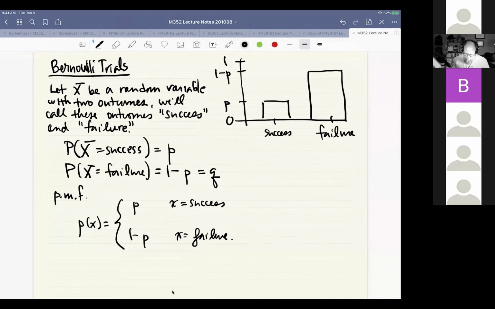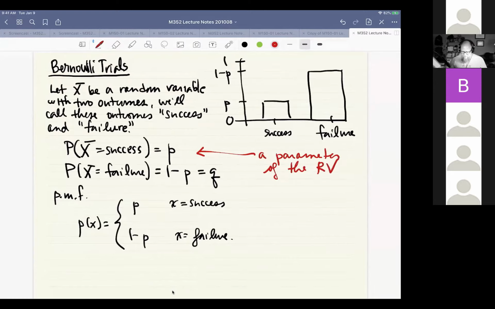Generally, if I'm thinking like a student, I'm thinking, well, when are these going to come up? How am I going to know if I have a Bernoulli trial? Well, an event or some random experiment is a Bernoulli trial if it only has two outcomes. Okay, and once you recognize something as maybe being a Bernoulli trial, the next thing you need to do is figure out what the probability p is. So we call p here a parameter of the random variable.